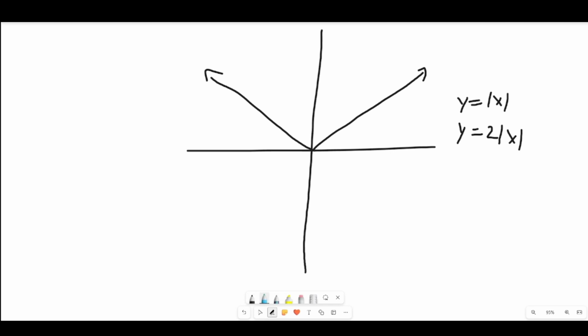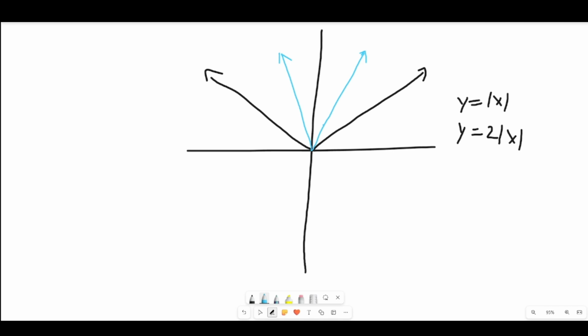Now, this just means when this is at 1, this would be at 2. Now, this would just kind of be more like this. So we can talk about doing this algebraically next video, but right now we're just kind of looking at all the graphs.